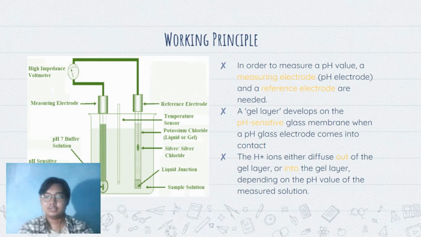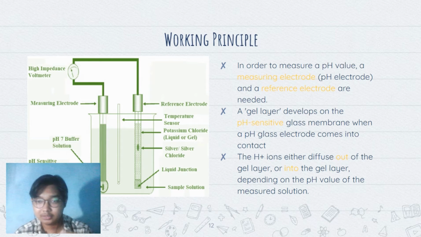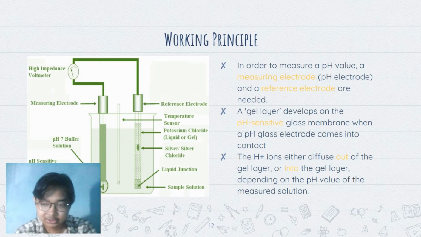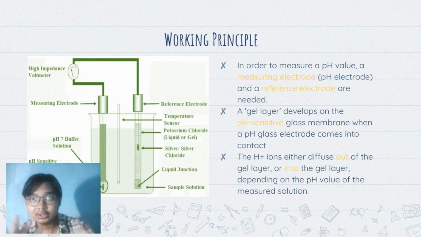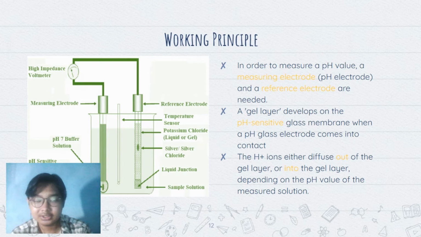The change of charge is sensed with a voltmeter and measured, and we also need some signal conditioning and signal processing so that the pH value can be read by a person.